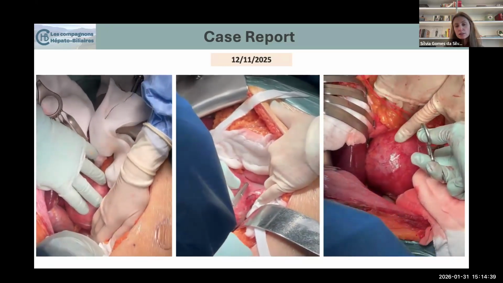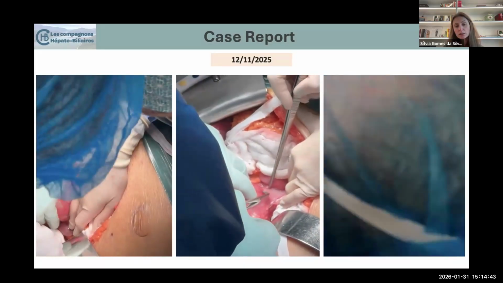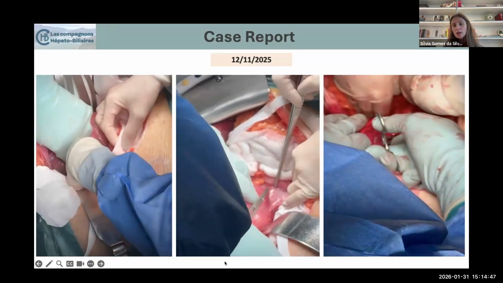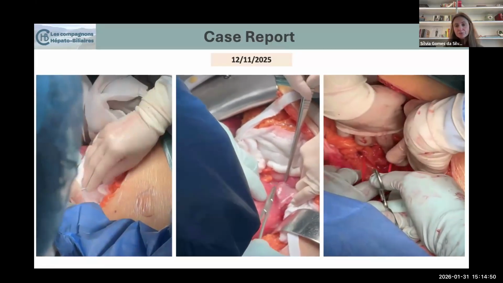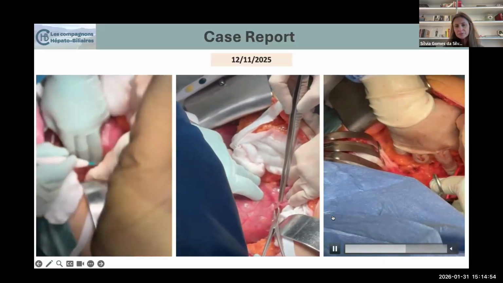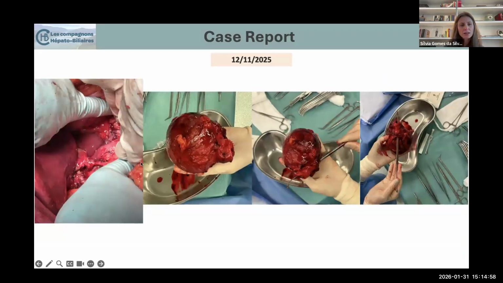And after that, we resect the full hepatic artery. And here you have the final aspect with no arterialization of the liver. And here the aneurysm and the artery.